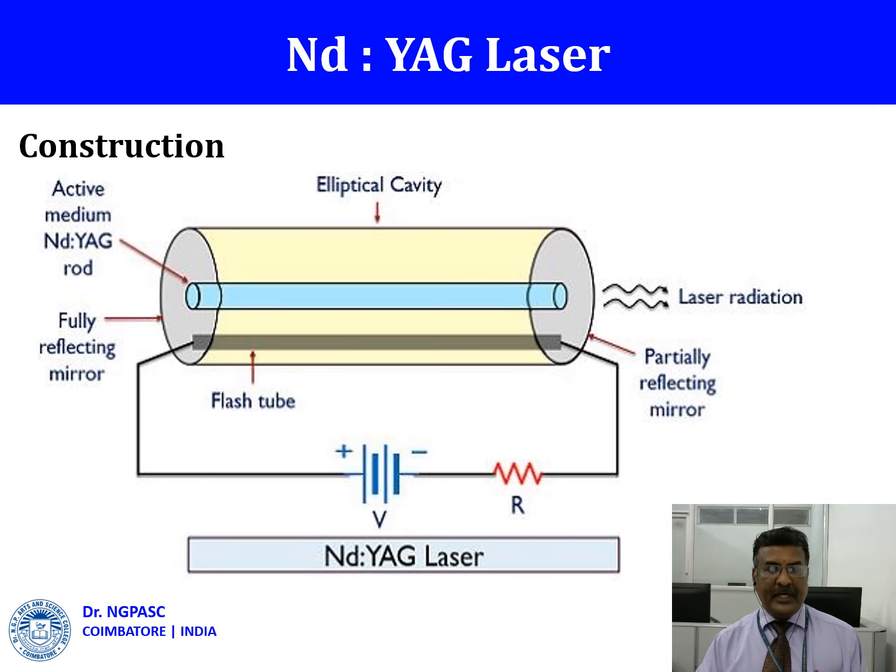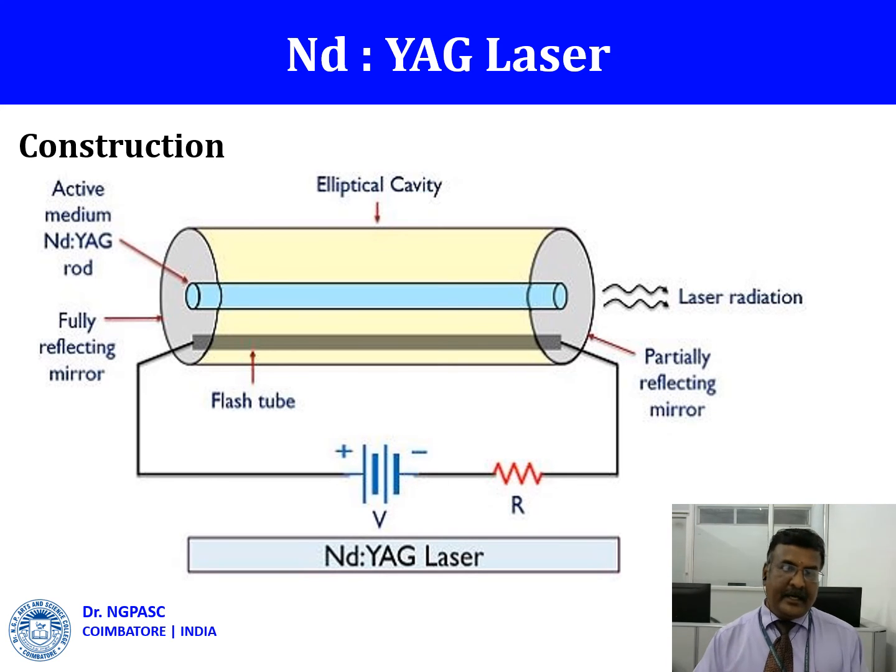A flash lamp is placed near the ND-YAG rod, so that the light from the flash lamp passes through the rod. The flash lamp is discharged by means of a capacitor, and the discharge is initiated by a high voltage source.